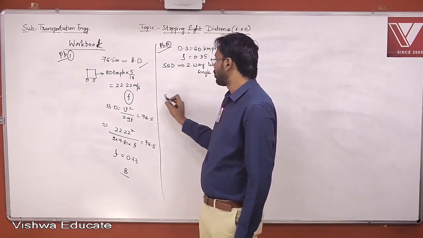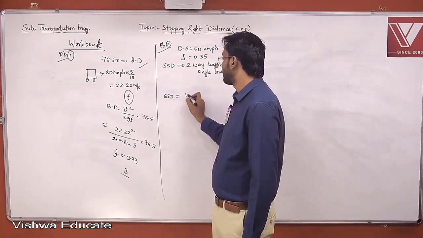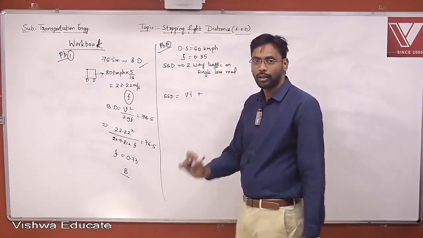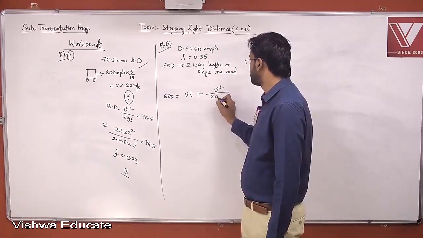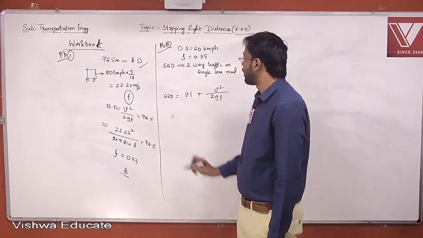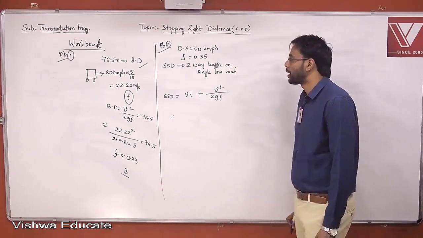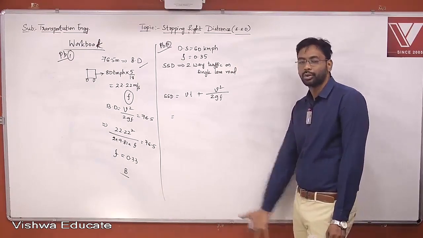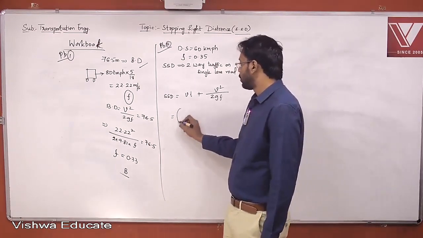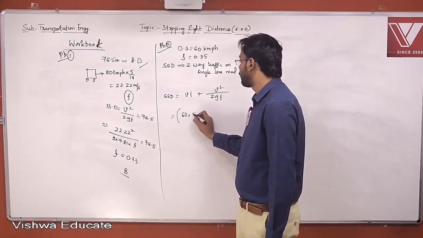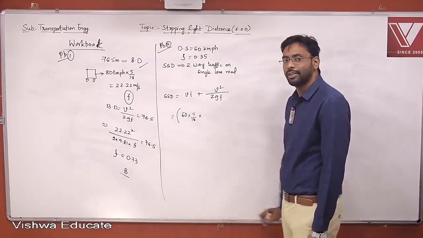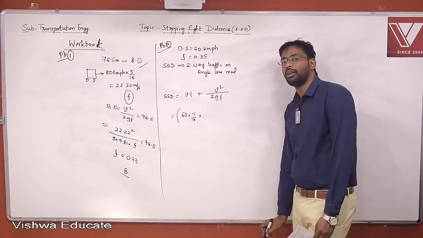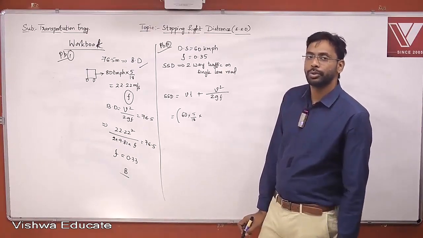So stopping sight distance is equal to, we know the formula, V into T plus V square by 2gf. But the design speed is given in terms of kmph, so you need to convert into meter per second. So 60 into 5 by 18 into, has he given the reaction time here? No. If not given, how much is to be taken?